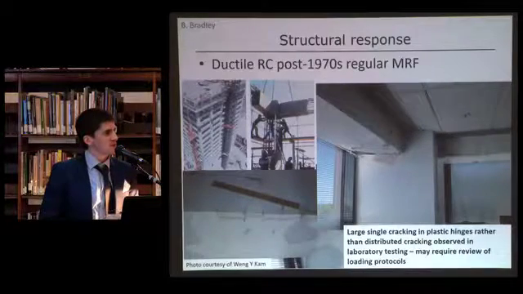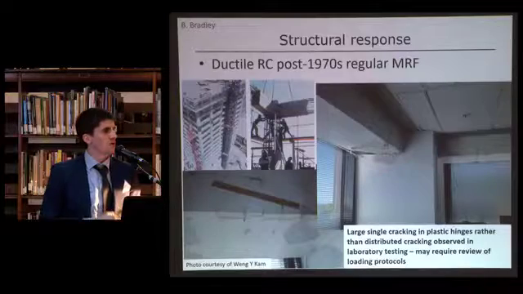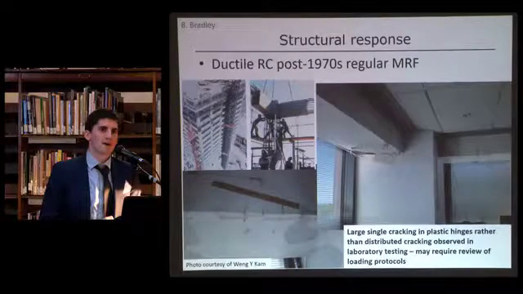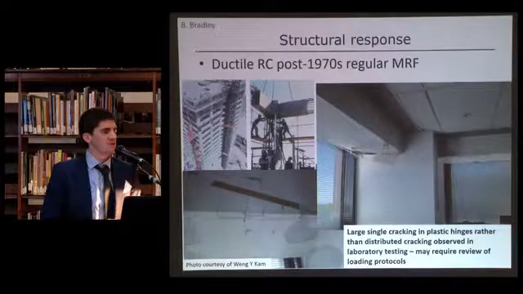And of course, in order to accommodate the same amount of displacement demand in the building, when you have less cracking, you need to have larger strains across those cracks. And so as a result, we observed larger strains in the reinforcement and some very brittle failure of some of those reinforcing bars.